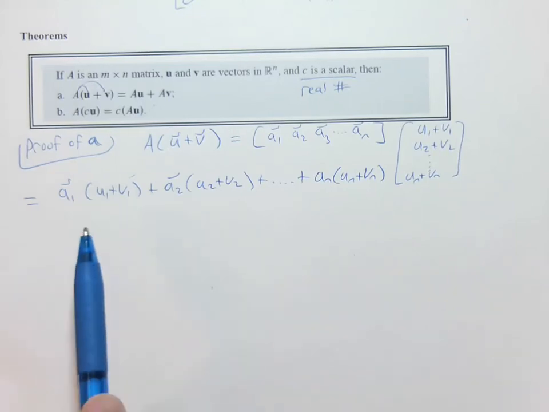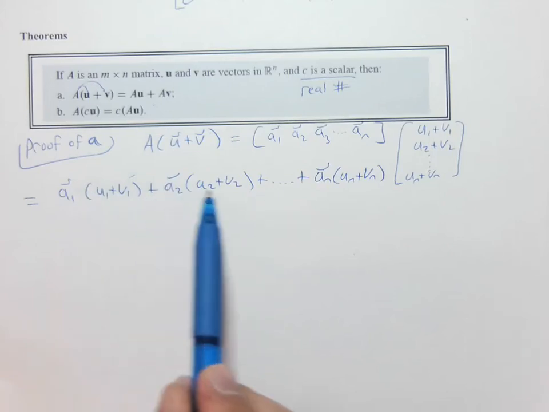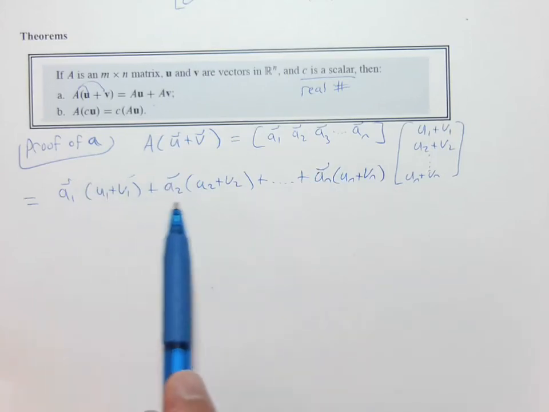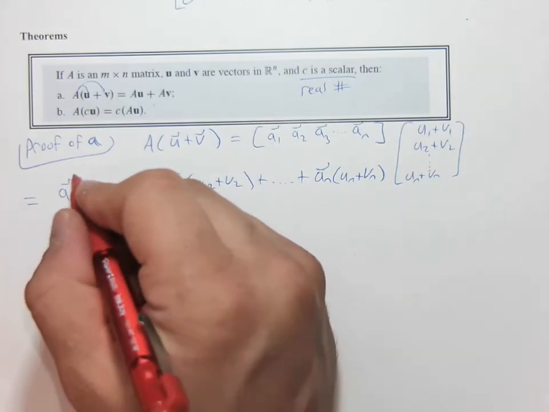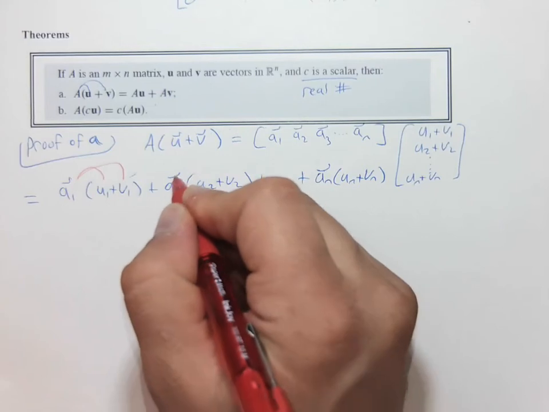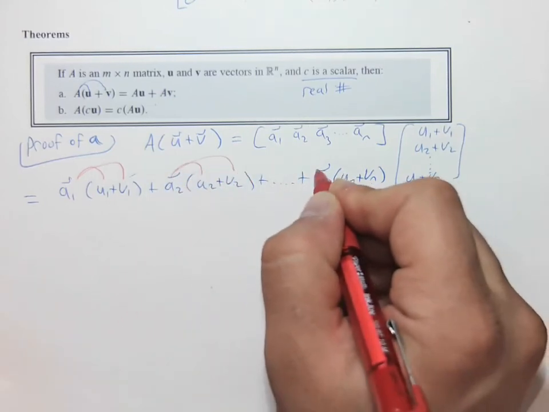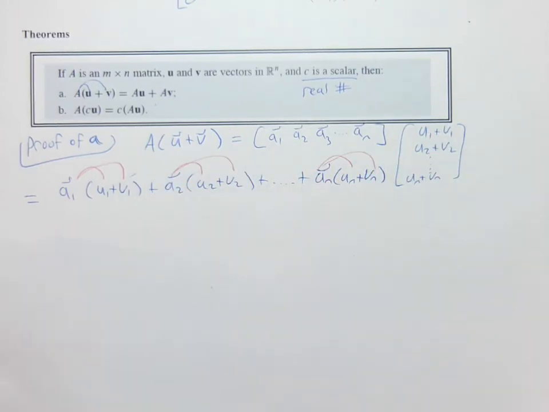Right, so I'm scaling each column of A, and we know they're column vectors, so I've got the vector signs on them, and they're getting scaled by those weights in u plus v. Well, we just have a scalar multiplied by some vectors, and so we can distribute that through there. We learned that in the last section as well. Right, and so this is just going to become a massive linear combination of a whole bunch of different things.